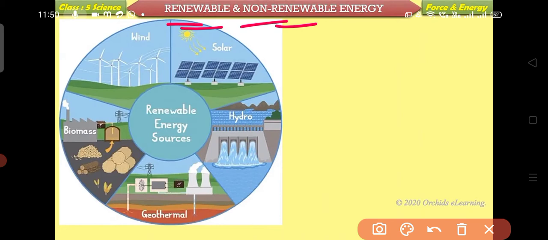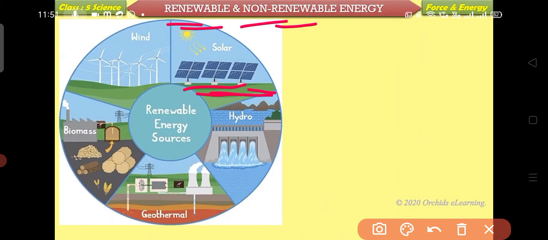let me say for example, solar energy. When we consider solar energy, we get the energy from the sun. Even if we use much solar energy, it doesn't affect us, because we will get solar energy plenty, since the sun never dies.